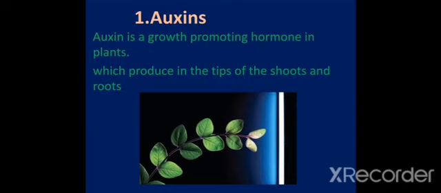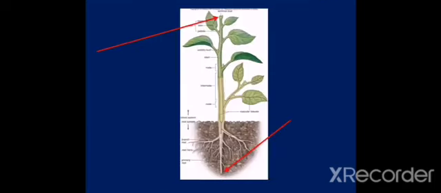So let's talk about auxins. Auxin is a growth promoting hormone in plants. It is produced in the tips of shoots and plant roots. Here you can see in red arrows I am showing you the shoot apex and the root apex, the tip of the shoot and the tip of the root.